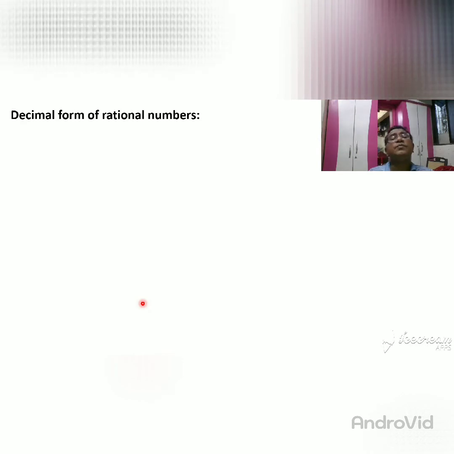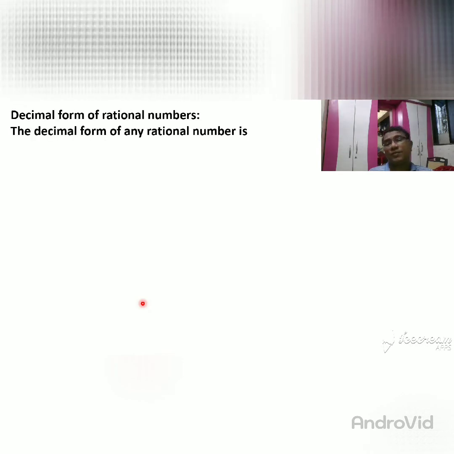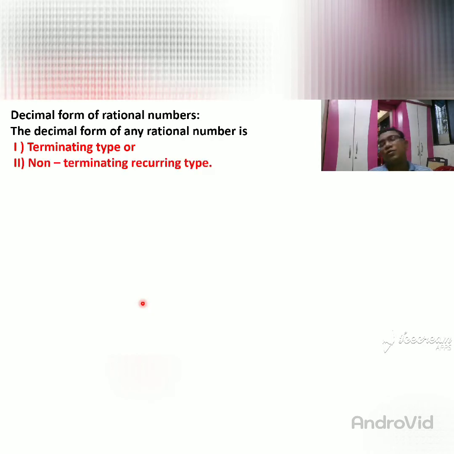Then the decimal form of the rational number. The decimal form of the rational number is of two types. One is the terminating type and another is the non-terminating type. Terminating type means if two numbers divide and the remainder is 0, then it is terminating.